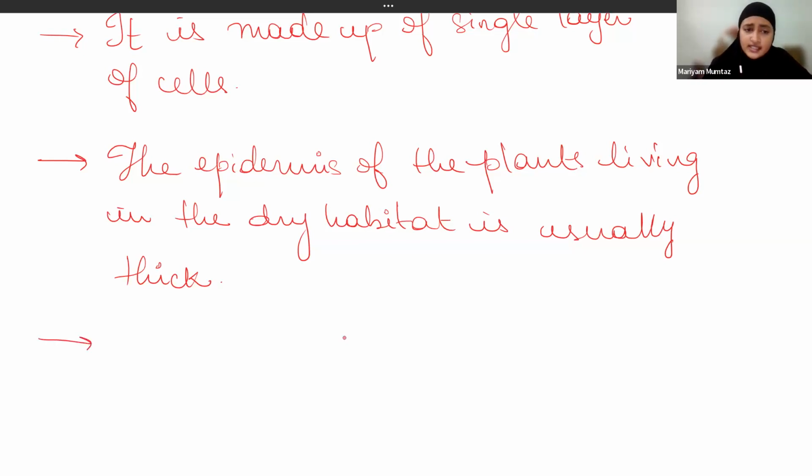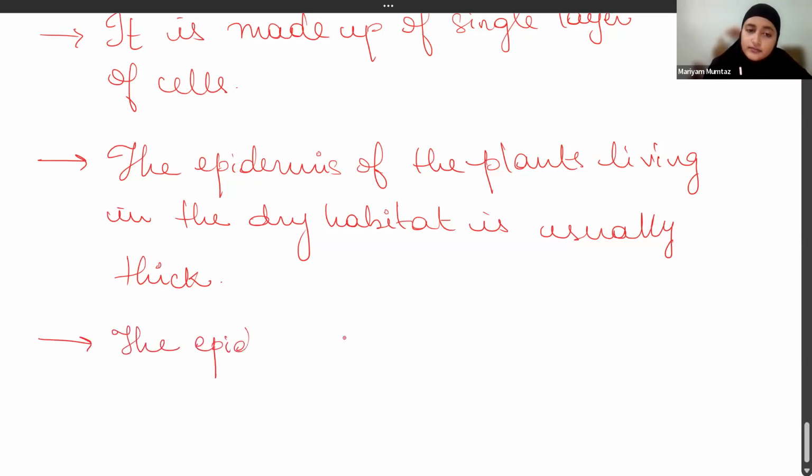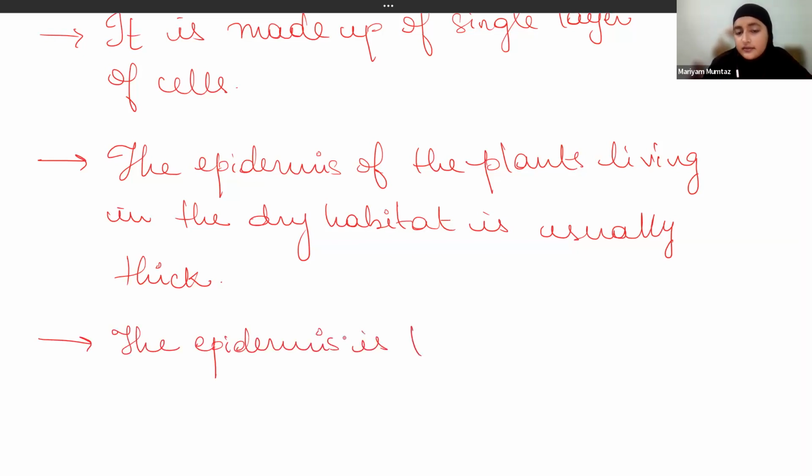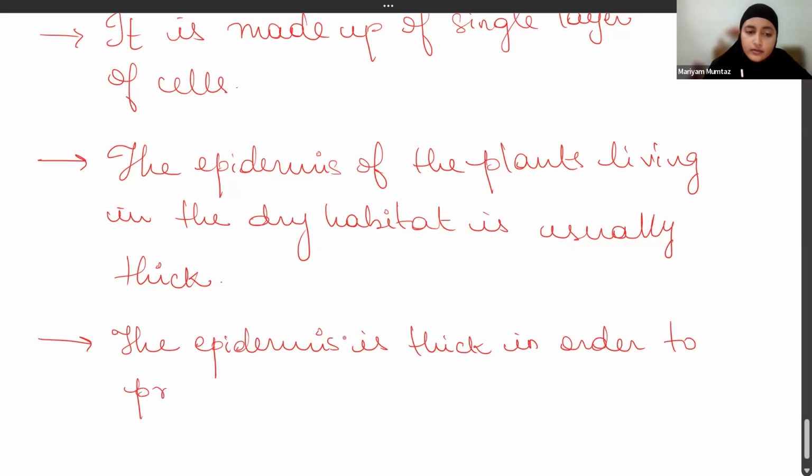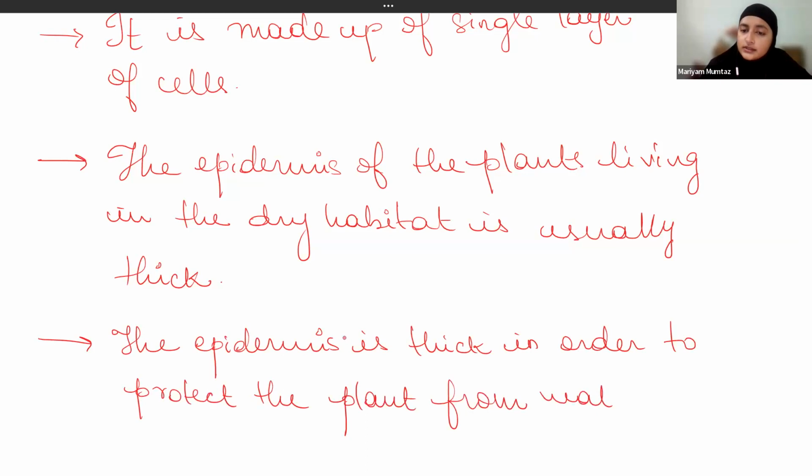So you can say that the epidermis is thick in order to protect the plant from water loss.